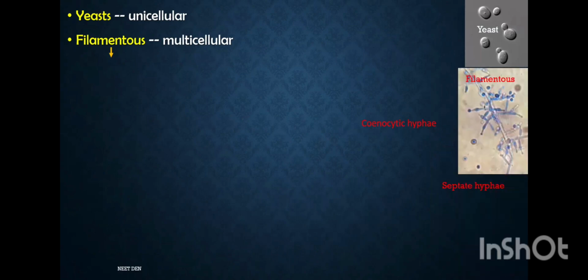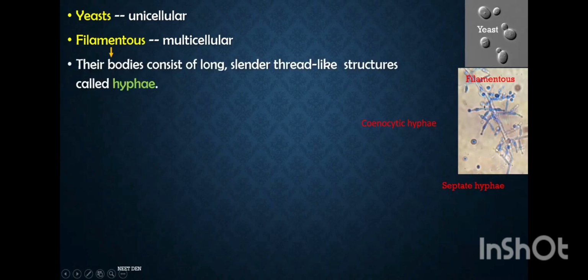That means they produce hair-like structures. In this picture, you can see branching hair-like structures. The filamentous fungal body consists of long, slender, thread-like structures called hyphae. So these are all hyphae that we are seeing in this picture.